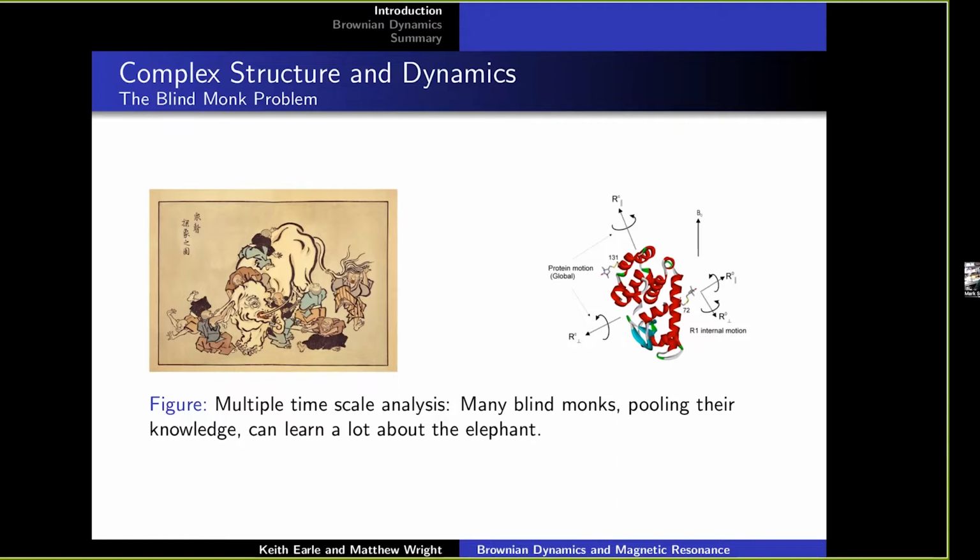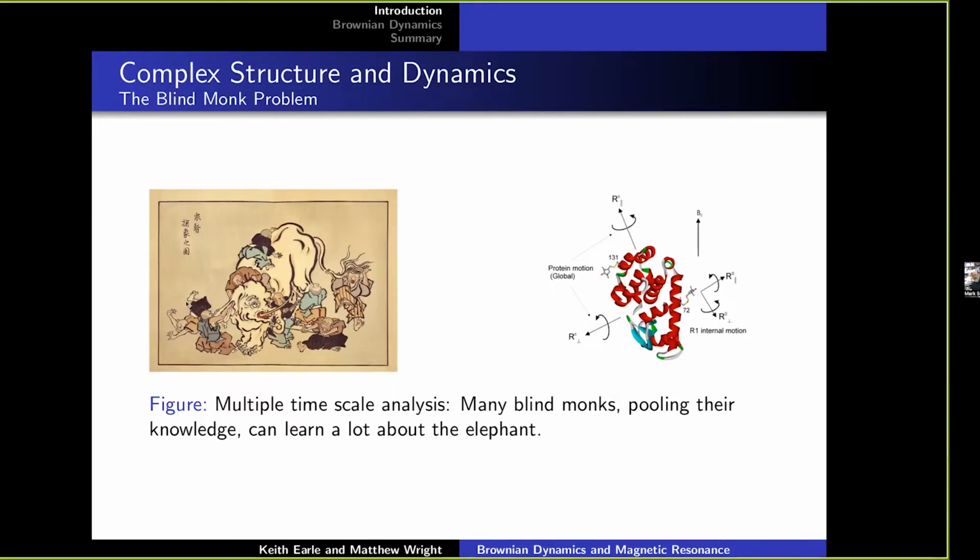For instance, this monk is experiencing the rapid motions of the elephant's tail, and that might correspond to one of the modes of the EPR active moiety moving about rapidly in solution, but it's attached to a much larger object, the elephant. And this monk is perhaps more sensitive to slow overall global tumbling of the elephant. And there are other monks, such as this one, who are completely out of the picture, knocked away.